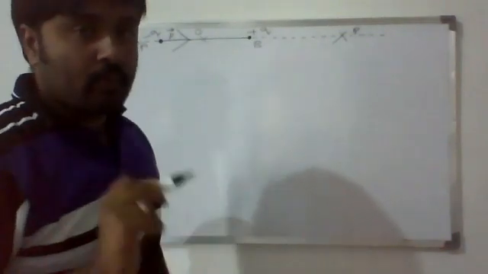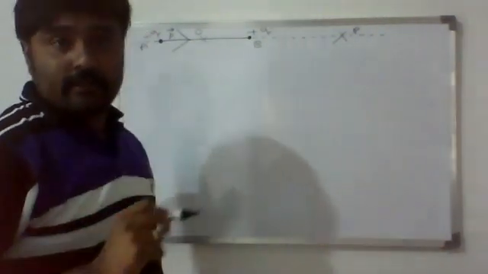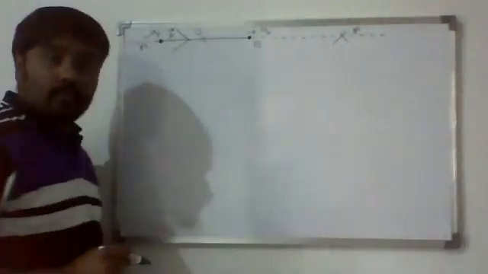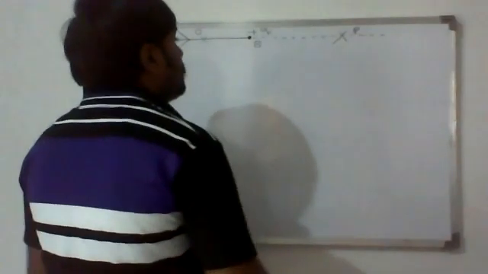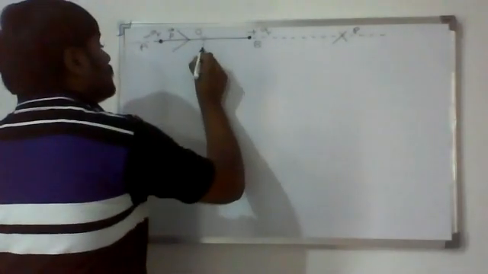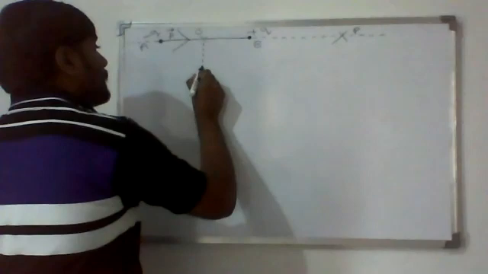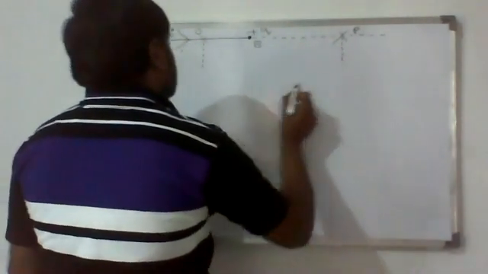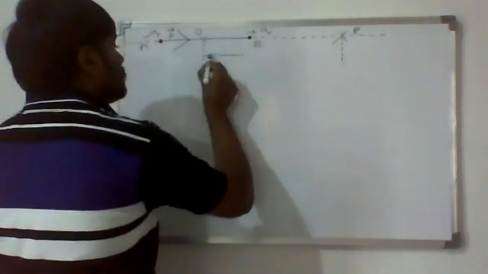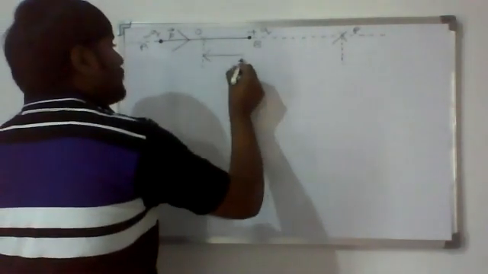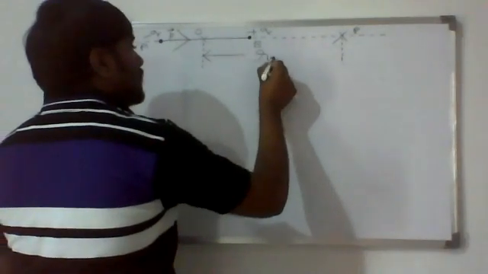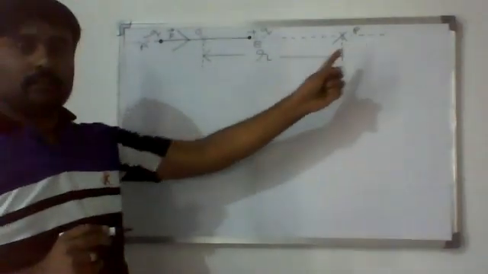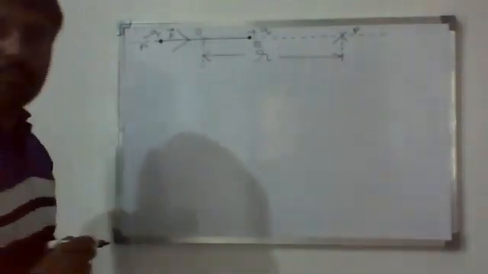At that point, we have to calculate the electric intensity produced by this electric dipole. Now let us consider the distance from point P to the center of the electric dipole. This is R. R is the distance from point P to the center of the electric dipole.